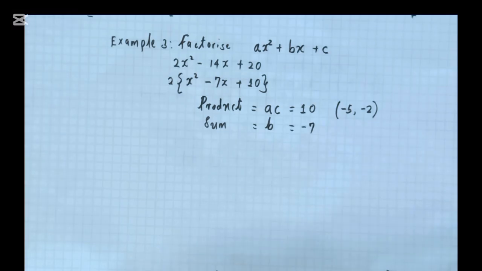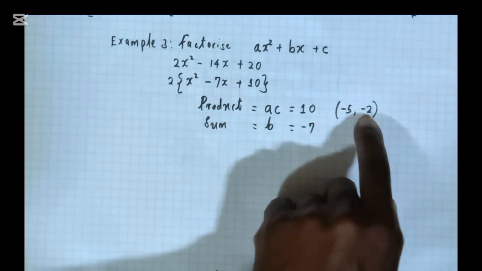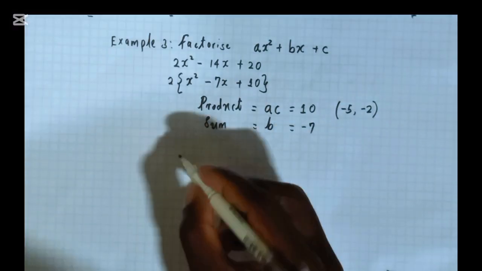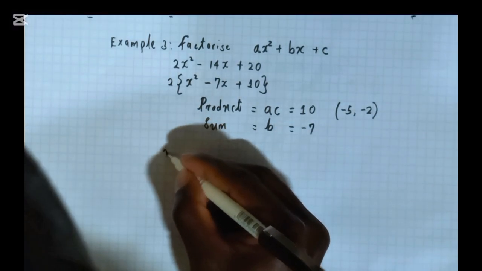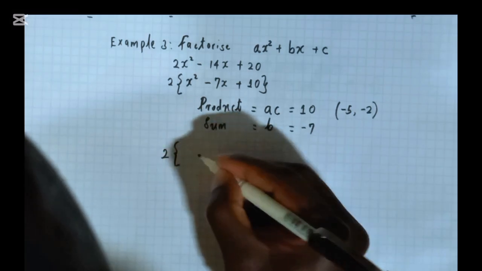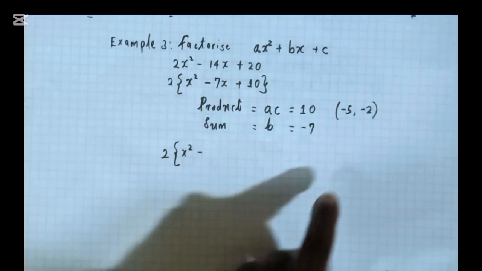And so we are going to rewrite the expression within the bracket using negative 5 and negative 2. Basically that is going to be 2 into x squared minus 5x minus 2x plus 10.